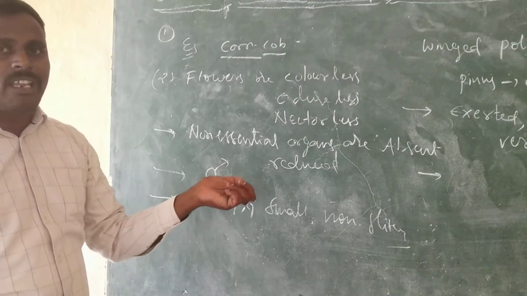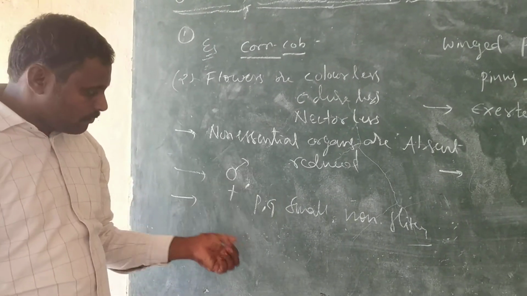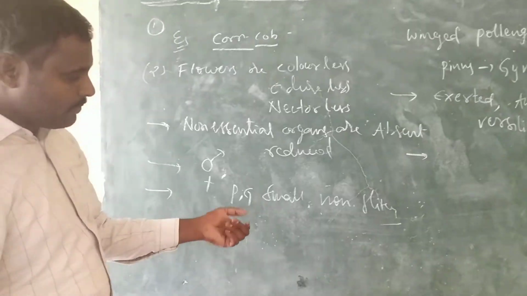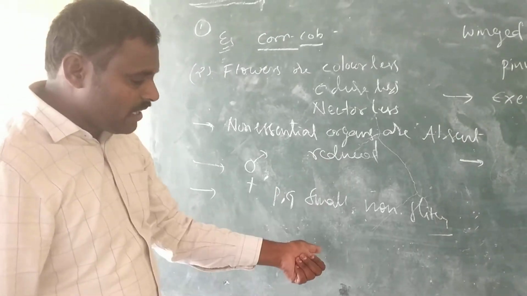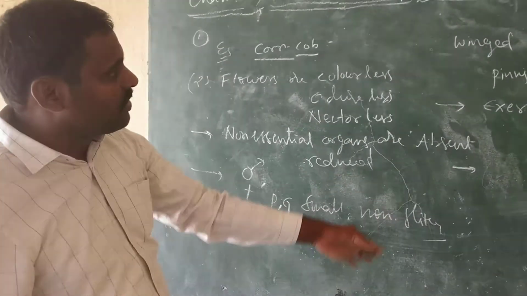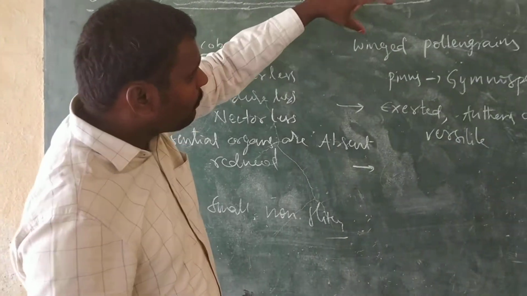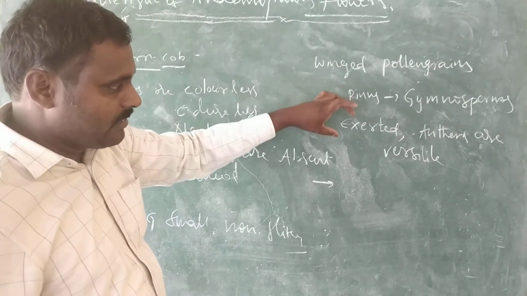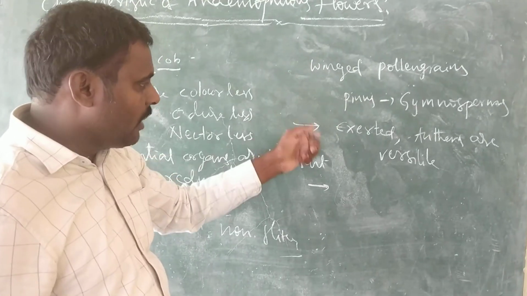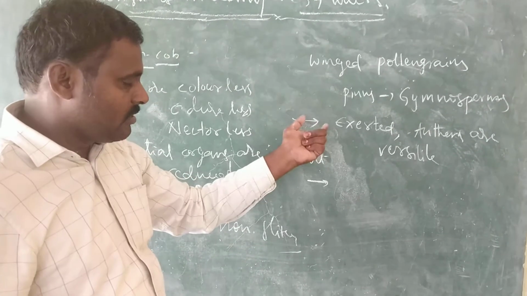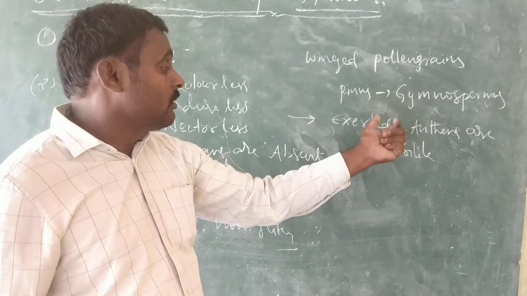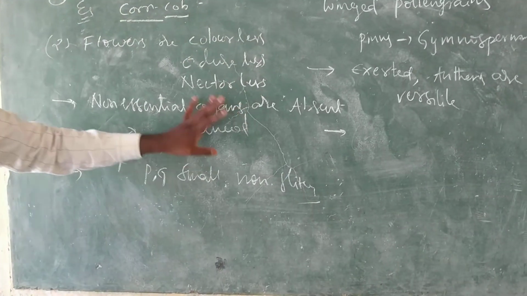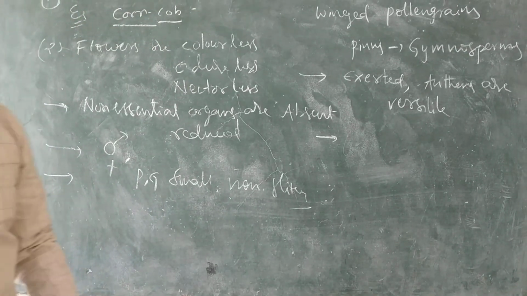If the flower is bisexual, it contains more stamens. Pollen grains are small, dry, and non-sticky, and winged pollen grains are observed in the members of Pinus. Sex organs are exserted, the stigma and anthers are exserted, and anthers are versatile. So these are all characteristics of anemophilous flowers.